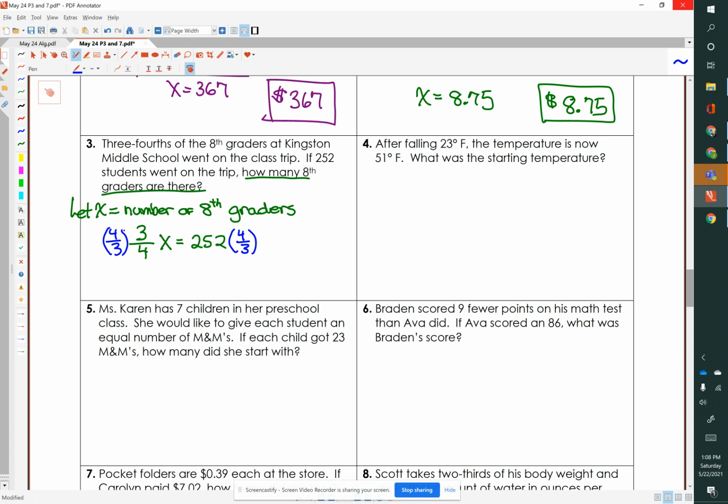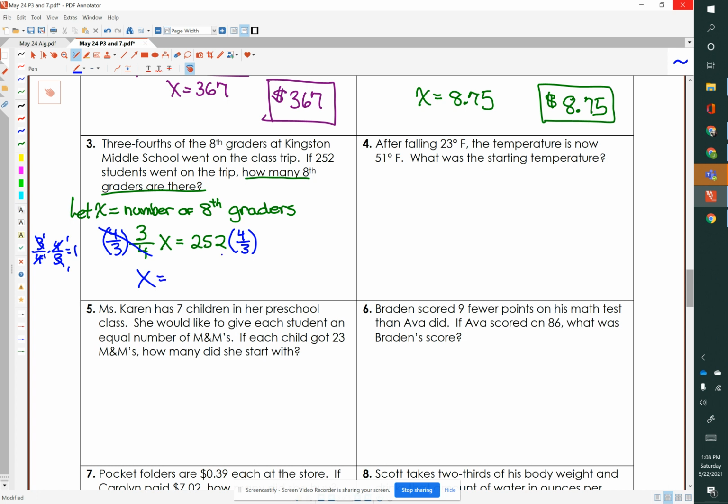So 3/4 times 4/3 equals 1. We know that. I can show you that right here. Each of these cross cancel to 1. So that means that we have effectively isolated our x.